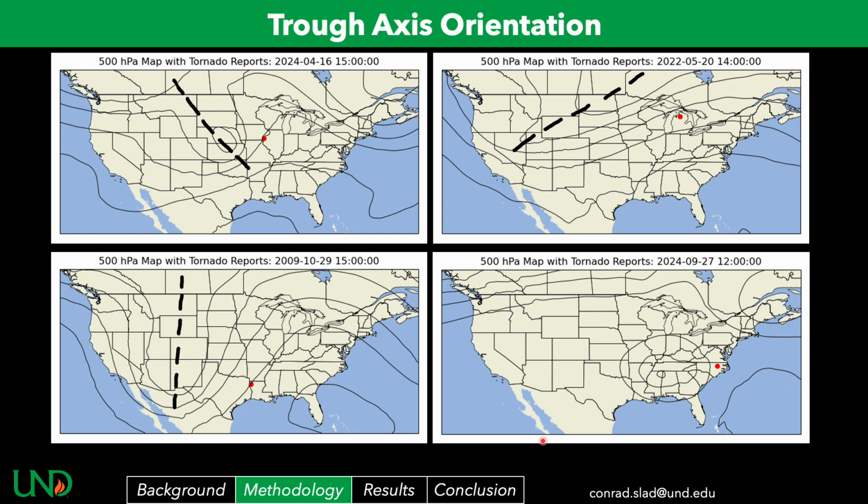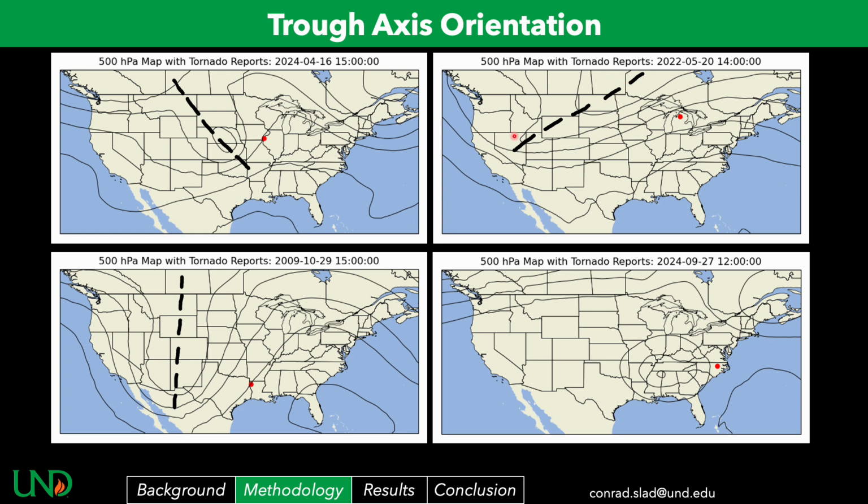So here's an image of what a lot of the classifications looked like. The red dot shows the tornado report. So in this image, we have a negative trough, as the trough axis is pointing eastwardly. And this, of course, has a tornado report on the far western edge of Illinois.